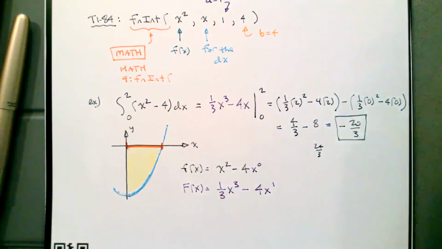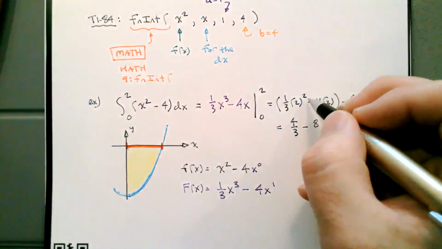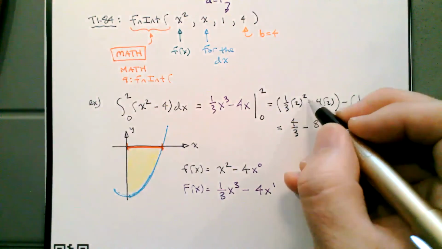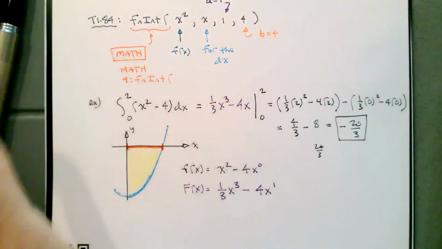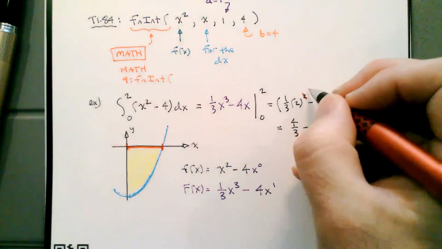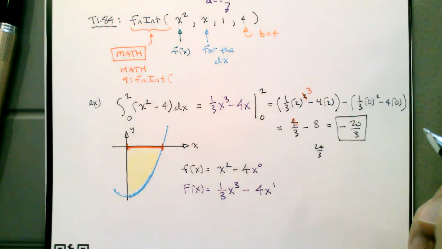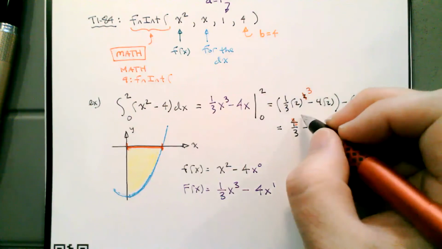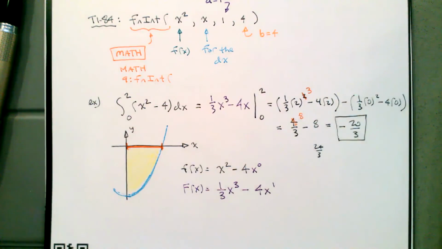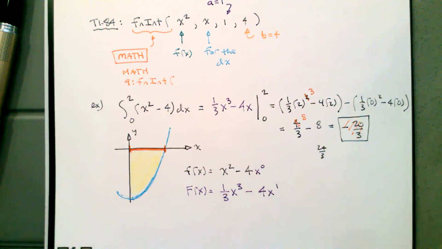Oh, I didn't cube things. I'll use red pen like I'm correcting it. It's not squared, it's cubed, so it's not 4. 2 cubed is 8. And 8 minus 24 is negative 16.